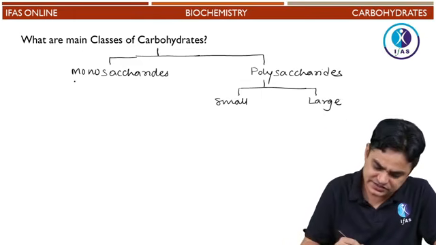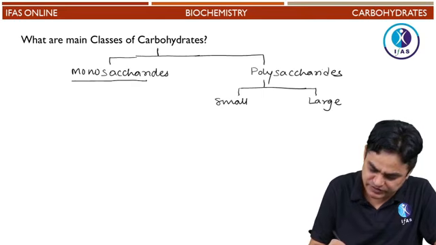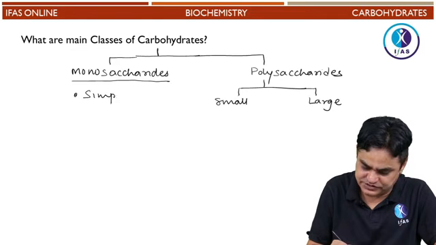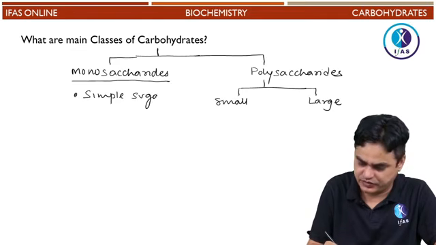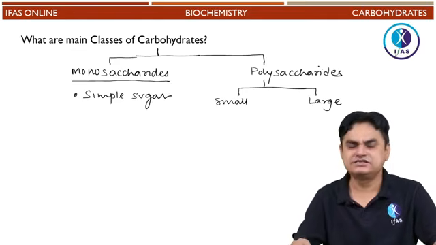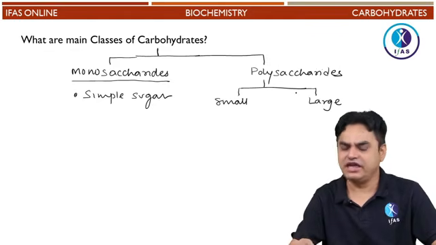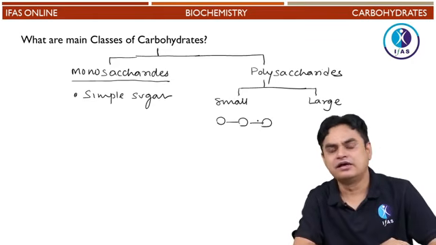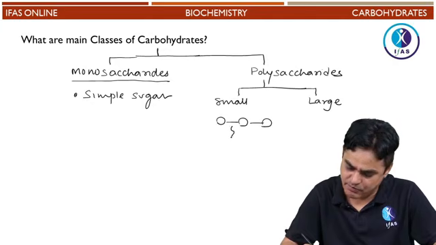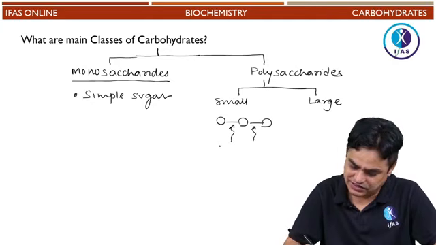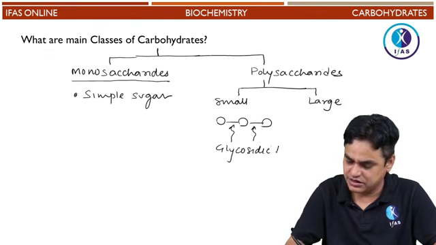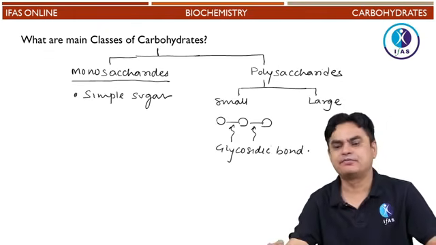Now, monosaccharides, about which we will talk in much detail, are simple sugars. While polysaccharides have two or more sugars linked by a bond referred to as the glycosidic bond.